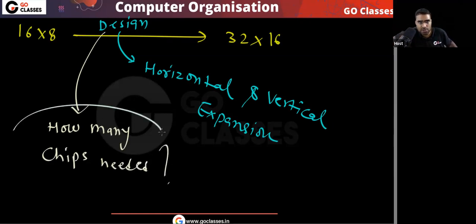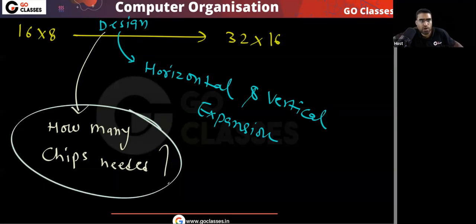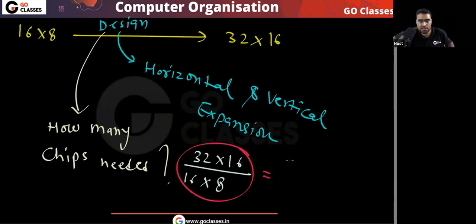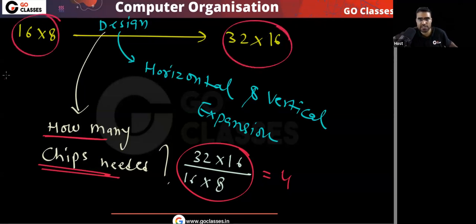See, if I ask you total how many chips needed, all you have to do is divide 32 into 16 by 16 into 8. Whatever this value is, that will be your answer. Just calculate this. That is 4. So 4 chips will be needed. Is this clear? For that, you just divide this by this. That's it. Your answer will be 4.